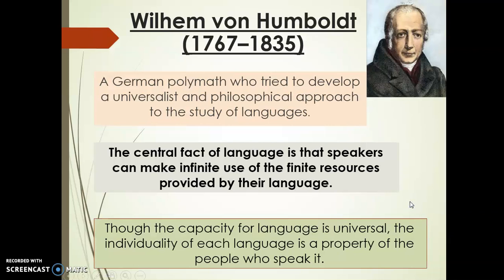And then we have Wilhelm von Humboldt, who is the brother of Alexander von Humboldt. Remember the explorer? 1767 to 1835. He was a German polymath who tried to develop a universalist and philosophical approach to the study of language. So the central fact of language is that speakers can make infinite use of the finite resources provided by their language.